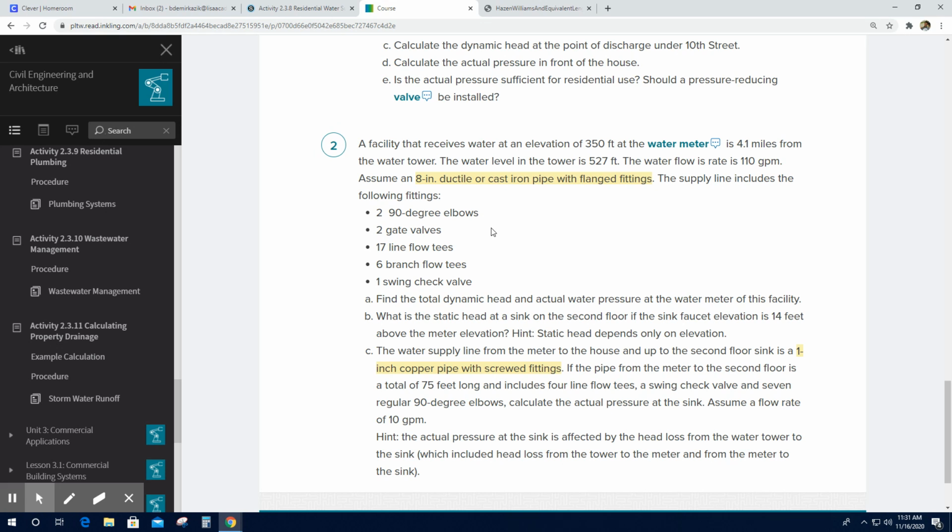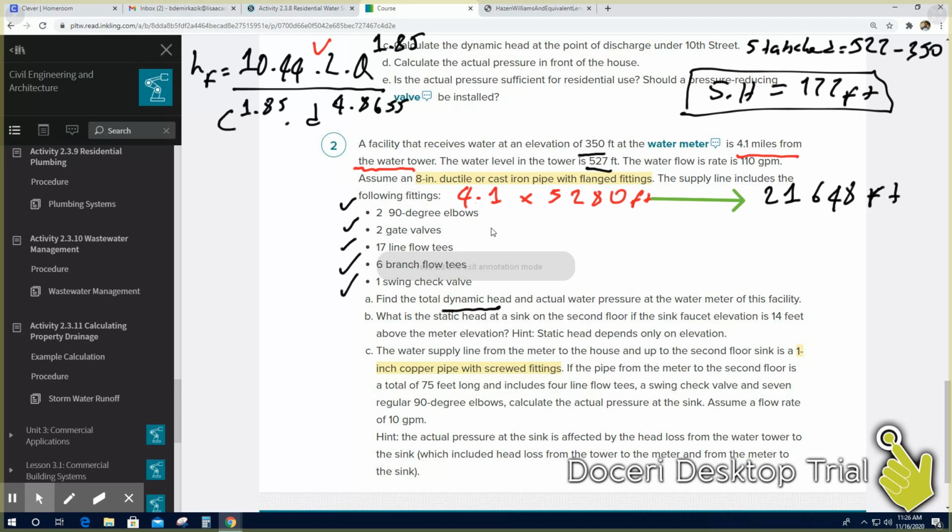Let's check the previous screenshot that we have. Okay, let's continue. We have two 90-degree elbows, each one 12 feet, so I multiply by 12, and here is 24 feet. Then for the 17 line flow tees, each one is 4.7 feet.